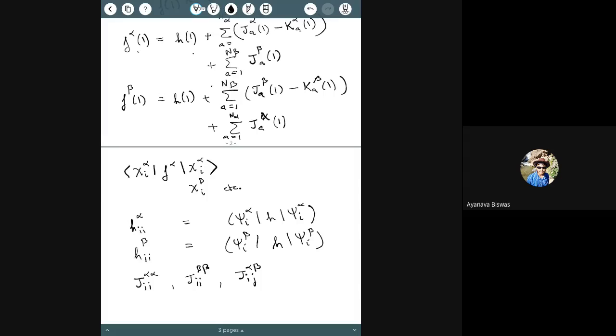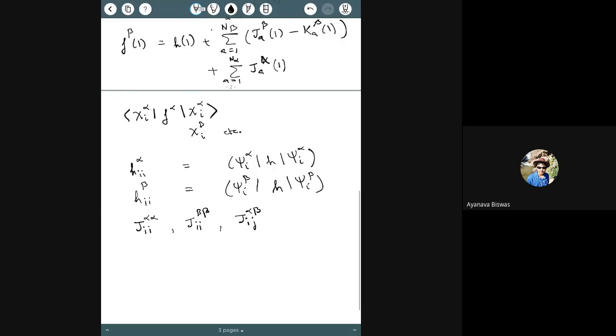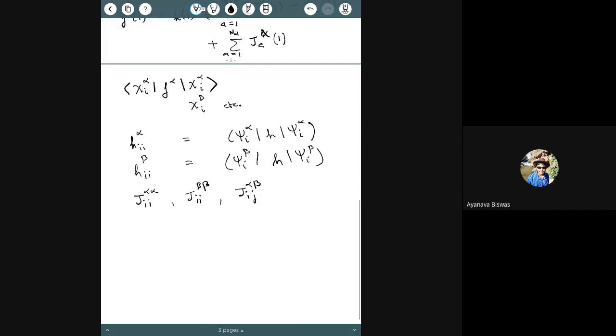So the number of integrals do not get reduced. So when we went from spin orbital to spatial orbitals in the restricted Hartree-Fock case, my summation went from I equal to 1 to n in spin orbitals, and then it went to I equal to 1 to n by 2 spatial orbitals.